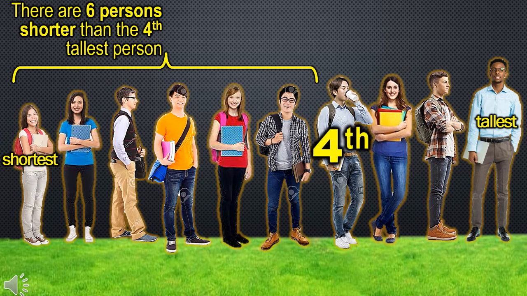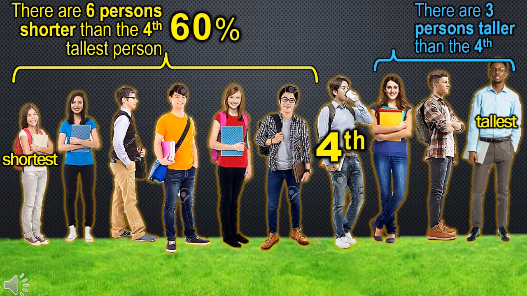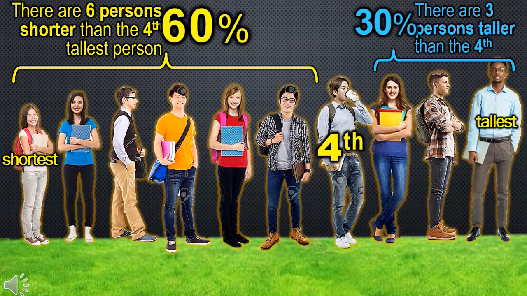So let us count. 1, 2, 3, 4, 5, 6. And that is also equivalent to 60%. Next, there are 3 persons taller than the 4th. So that is equal to 30%.